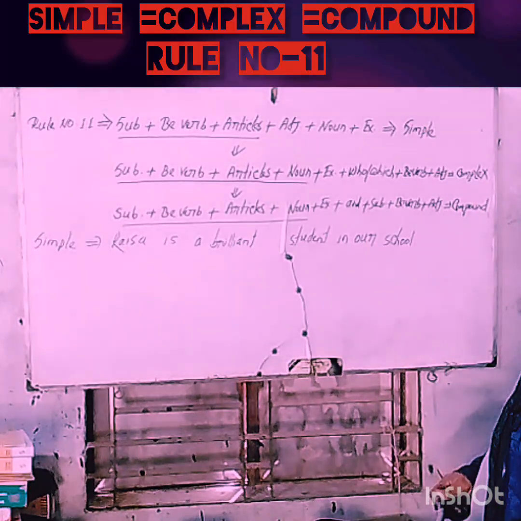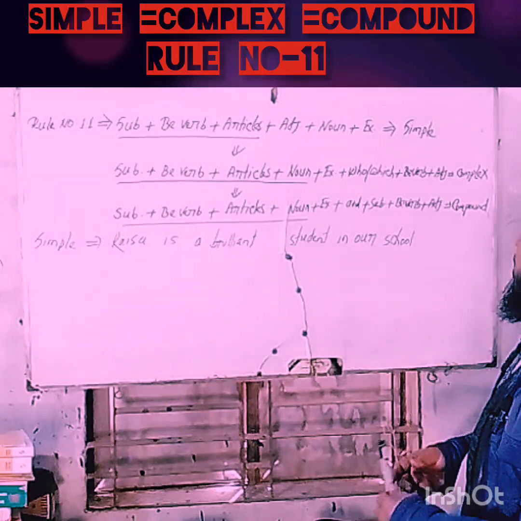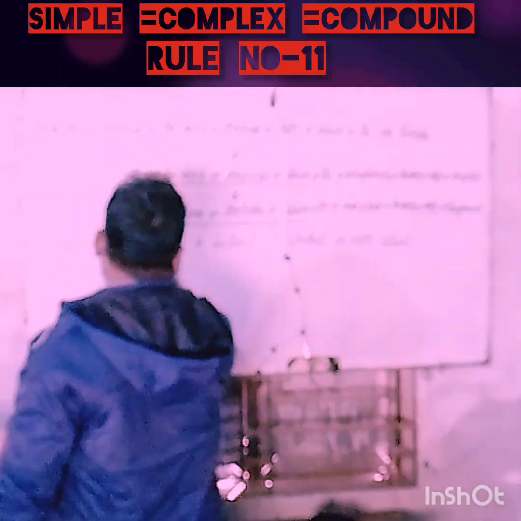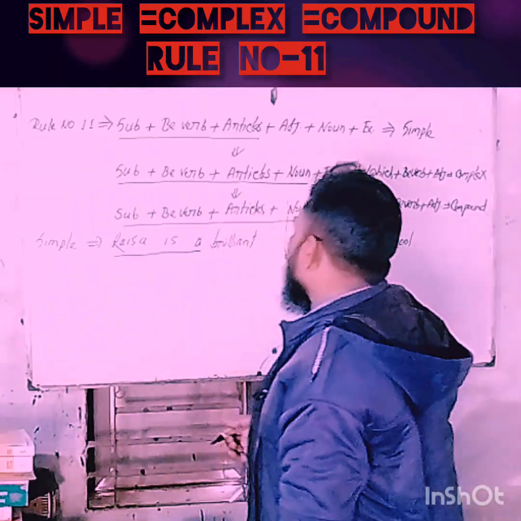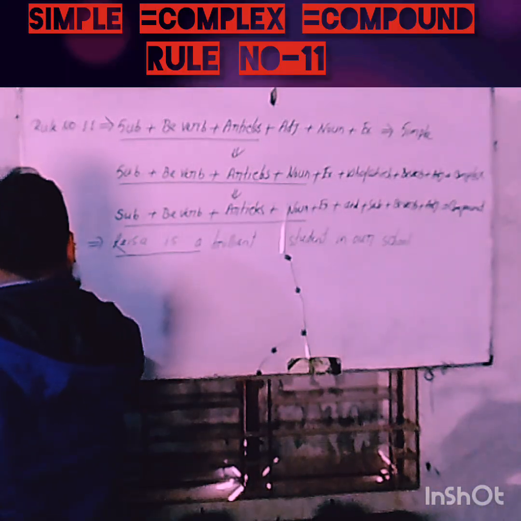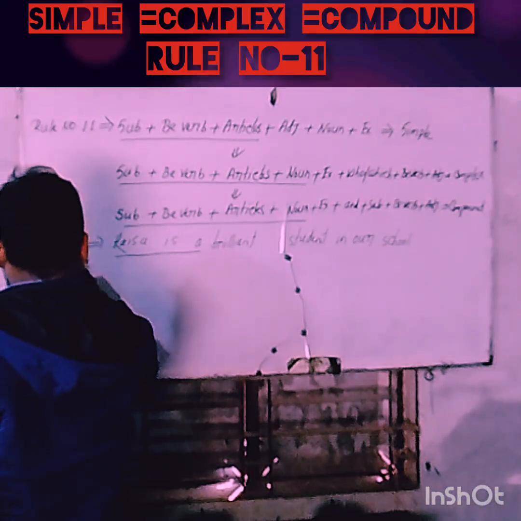You have to keep in mind, my dear learners, that there is no change from subject to article at the time of changing the sentence into a complex sentence. So, my dear learners, try to change the sentence into a complex sentence.